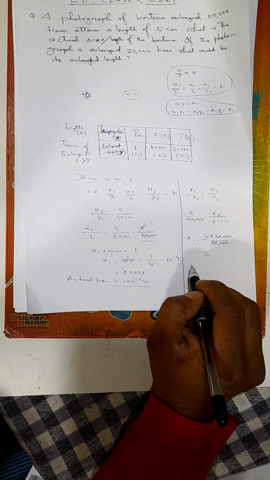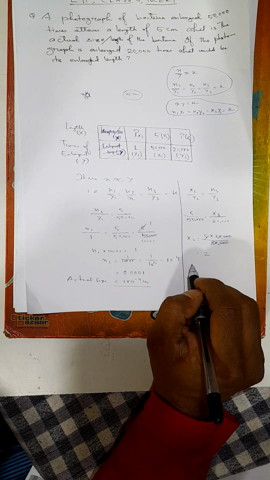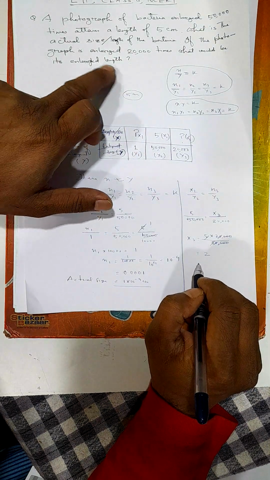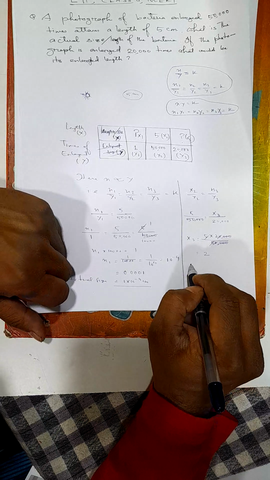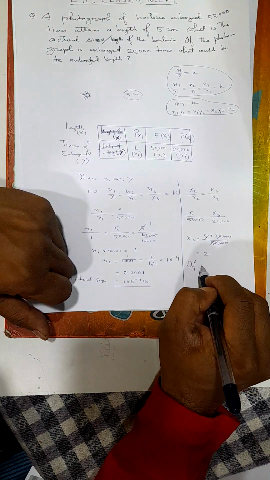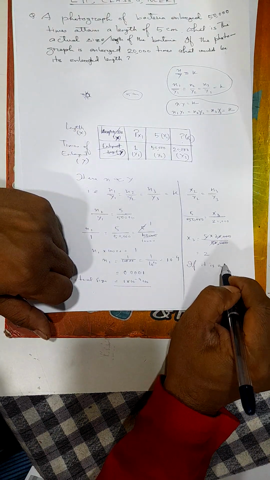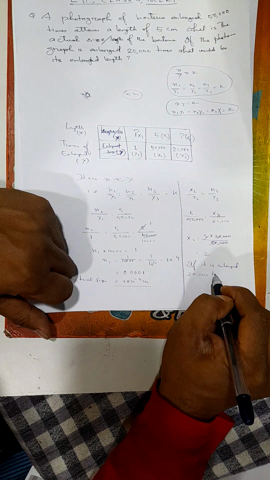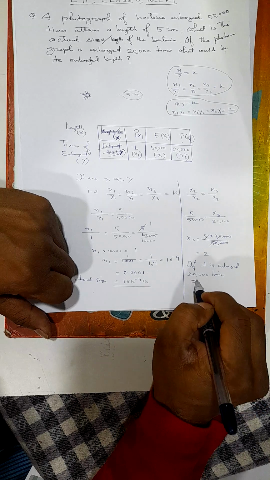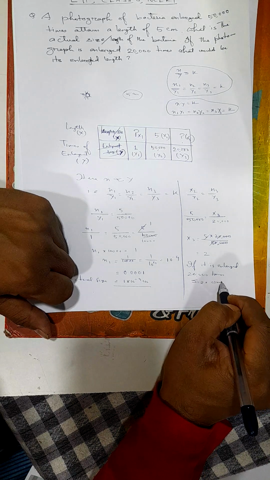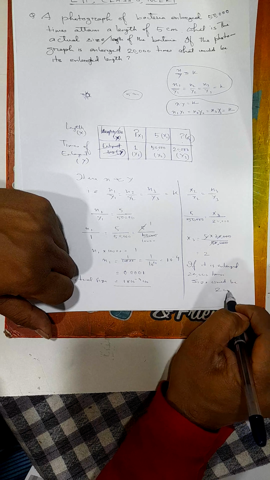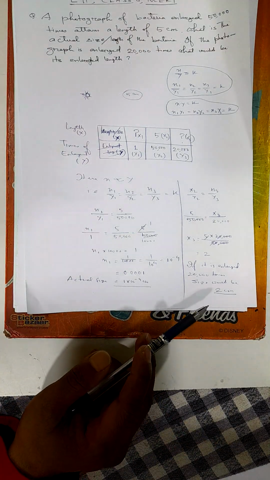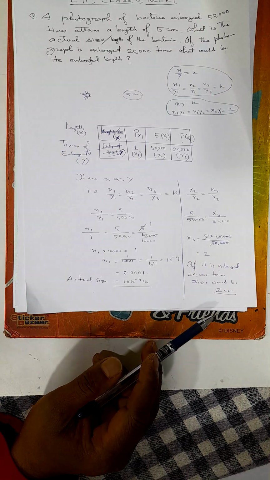Therefore, if the photograph is enlarged 20,000 times, the enlarged length will be 2 centimeter. So if the bacteria is enlarged 20,000 times, its length would be 2 centimeter.